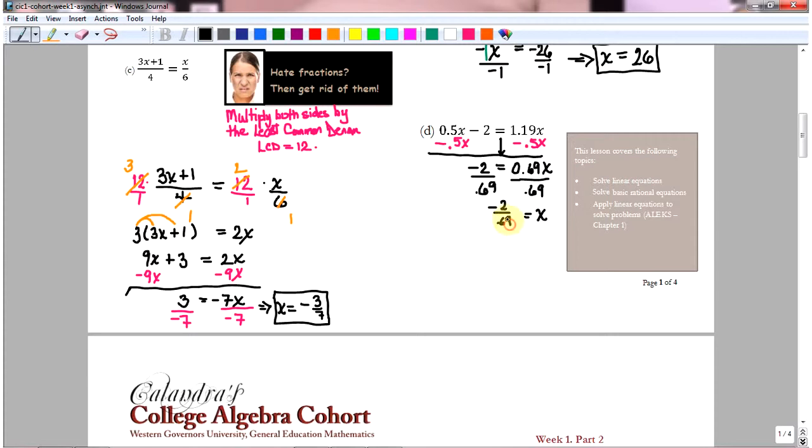Now we don't want to combine decimals and fractions, so to get rid of the decimal value of 0.69, we can multiply both the top and the bottom by 100, because that would remove the decimal. If I multiply both the top and the bottom by 100, that's not changing it, because 100 over 100 is just equal to 1. That'll give us an answer of negative 200 over 69.